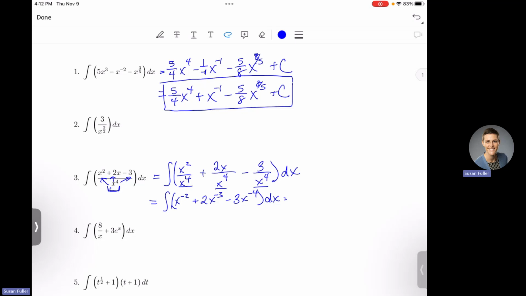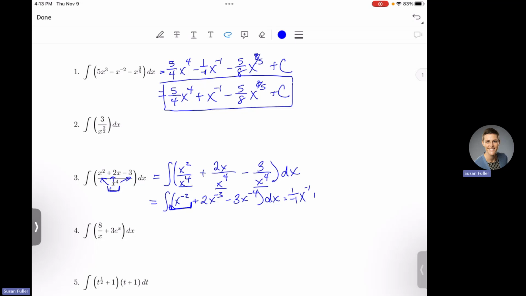So to do x to the negative 2, again, we're going to reverse the power rule by first adding 1 to our exponent. So negative 2 plus 1 up there is a negative 1. And then you need to divide by your new exponent. I just have a 1 out front, so I'm going to divide it by that new exponent of negative 1.